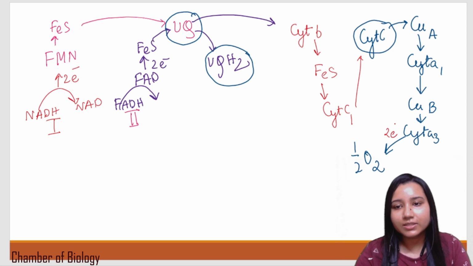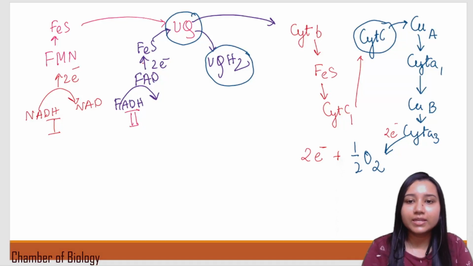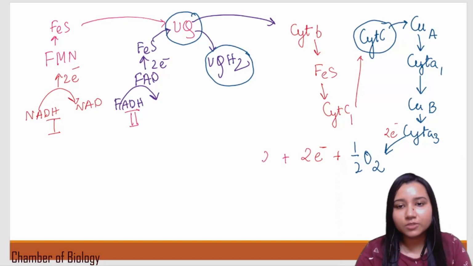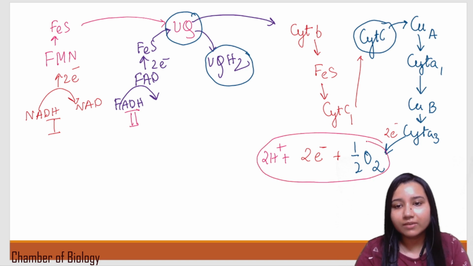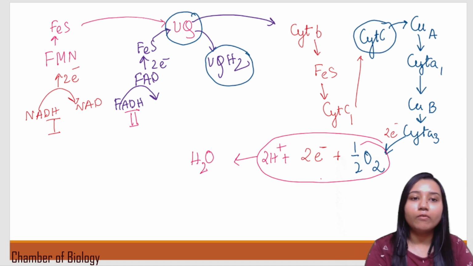The two electrons are going to come, and along with this there are going to be two H plus, which are going to give us H2O, right? Water. But where is the H plus being pumped?